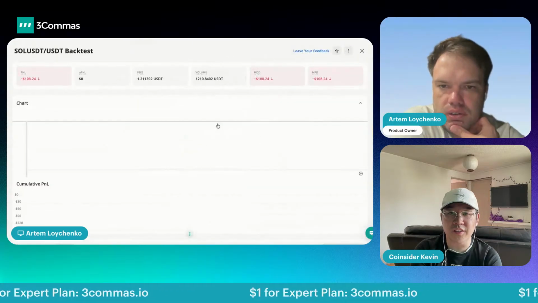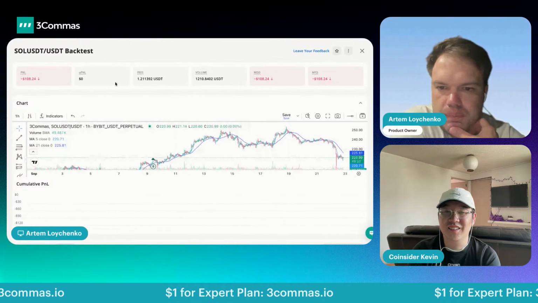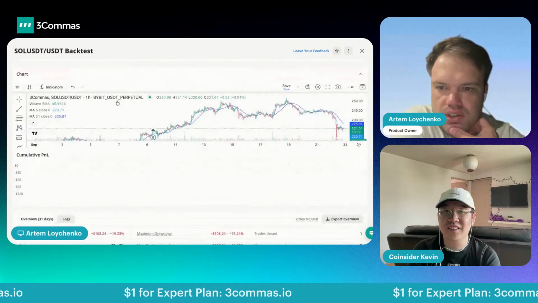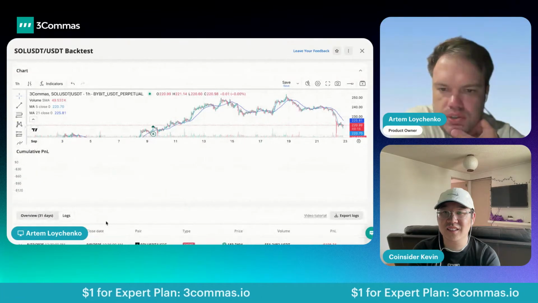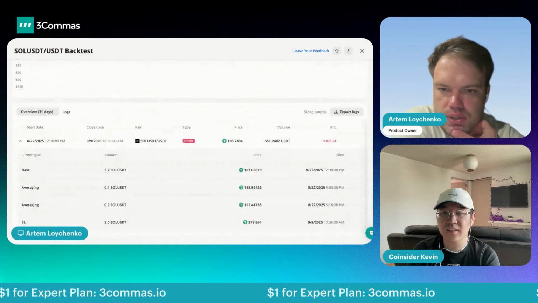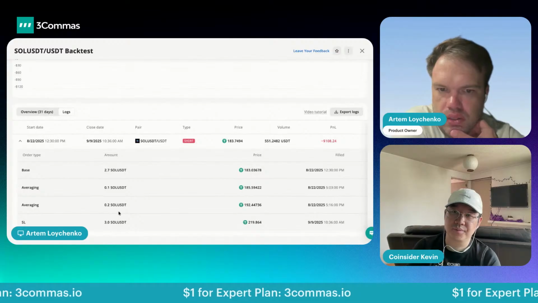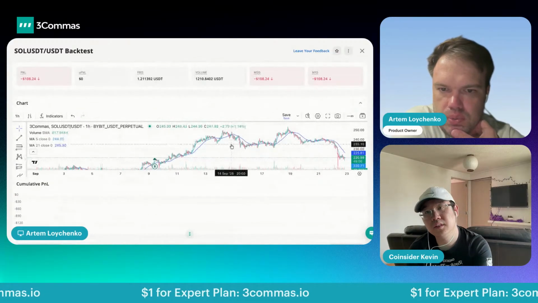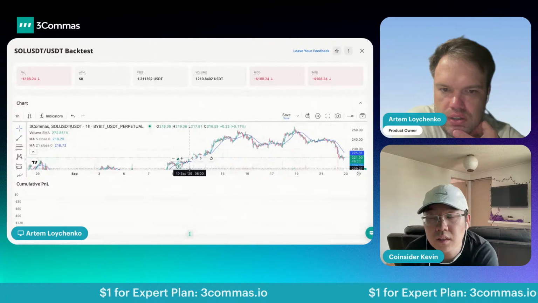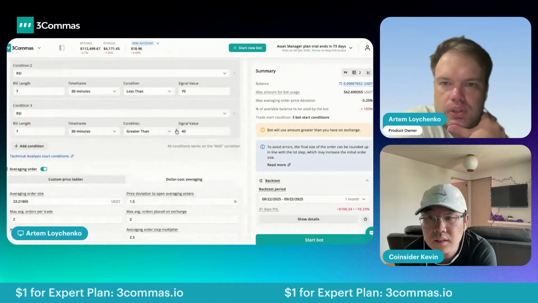There we go. Curious about the number of signals. So we see a very negative result. I wouldn't trade this one. And why is this? We actually have just one trade with a stop loss, and then we stopped because we never got any other signal. Interesting.